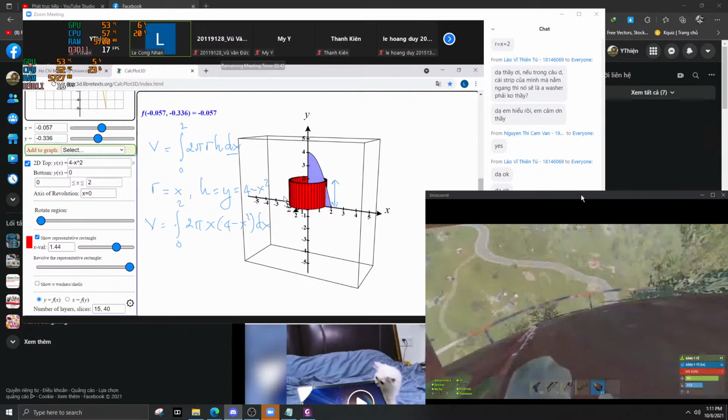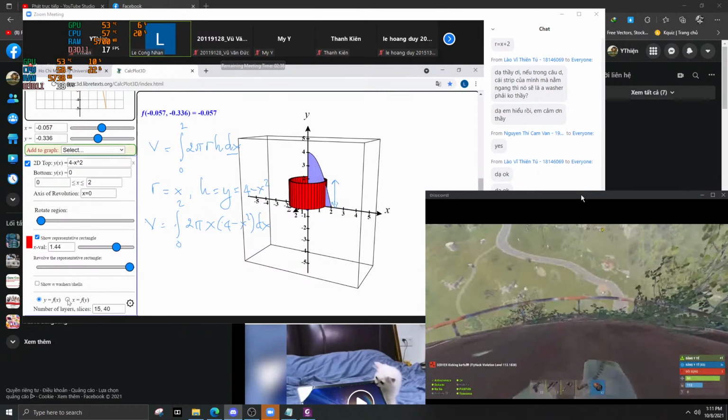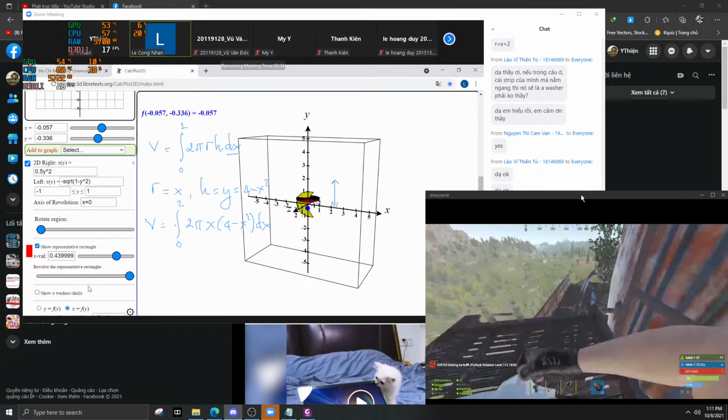If we choose the horizontal strip, then we choose x equal f of y.